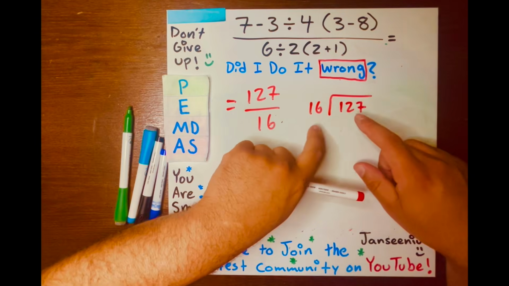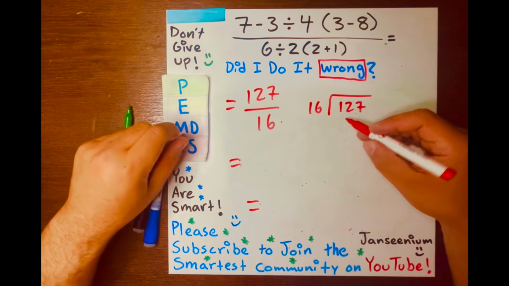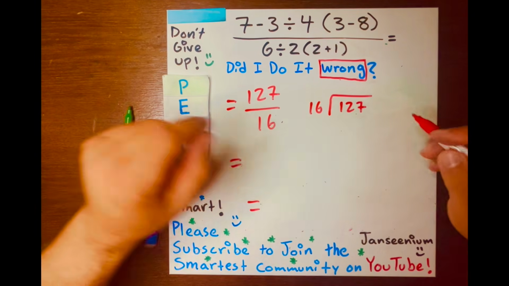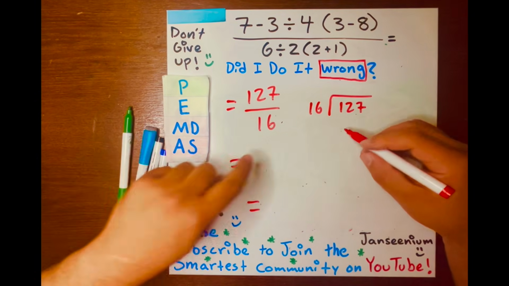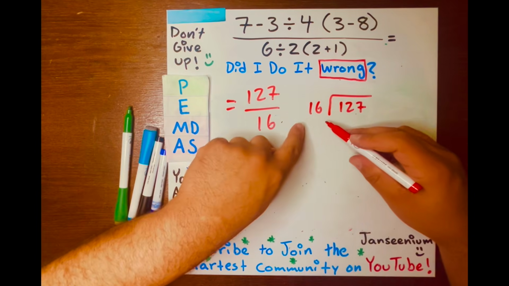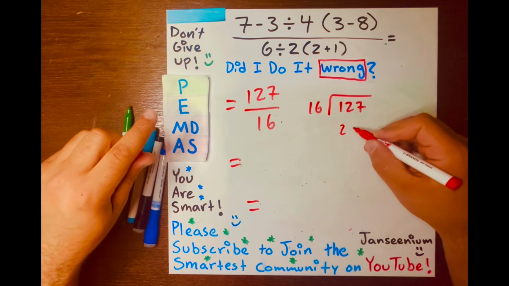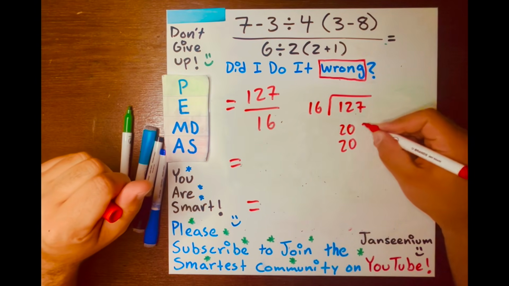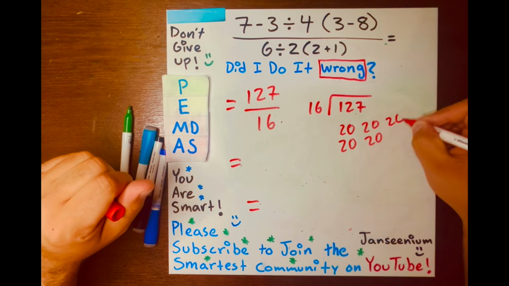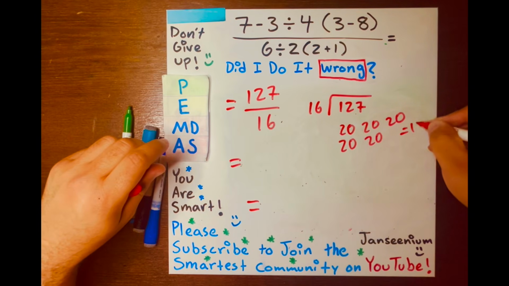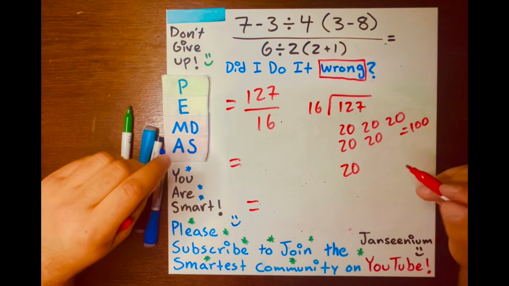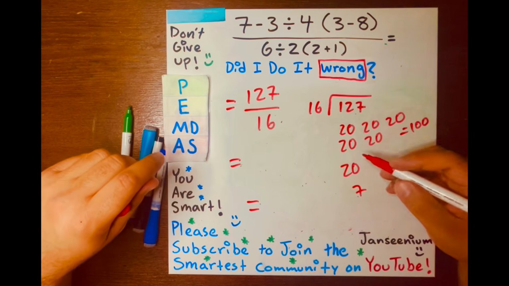So let's break this up. So you need to figure out how many 16s can fit in 127. So let's do it by 20, because you can fit 16 into 20. Make the numbers easy. So 20 plus 20 plus 20 plus 20 plus 20, that's 100. And then another 20, that's 120, and then 7, 127.